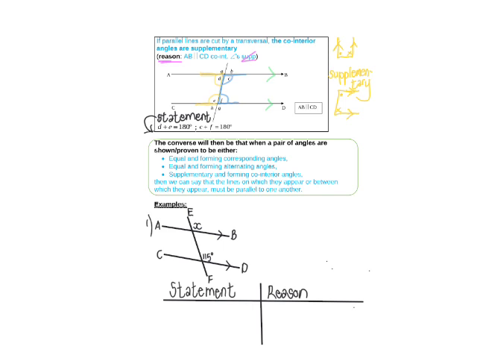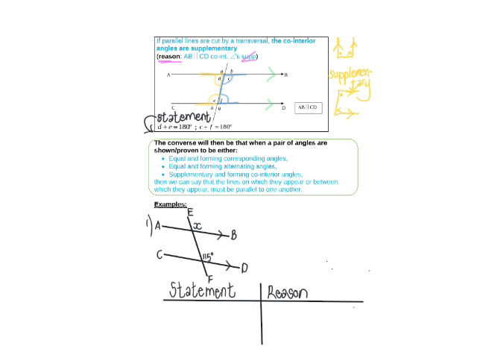Now for the converse, it's when a pair of angles are shown or proven to be equal and they form an F, which is corresponding angles, or equal and forming alternating angles, which is a Z or an N, or supplementary and forming the U or the C, which is co-interior angles.